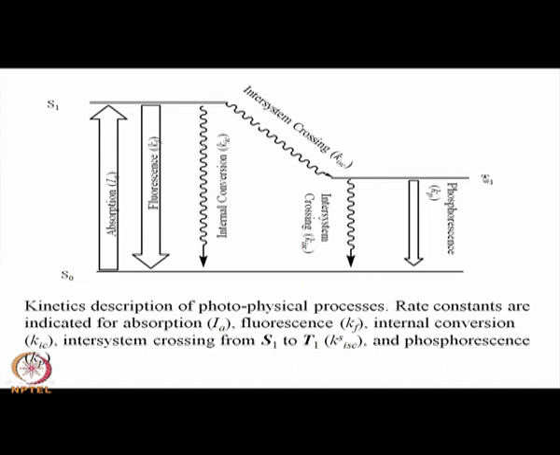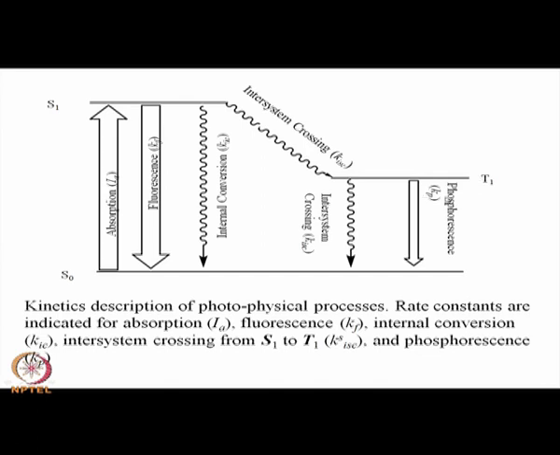That means this triplet will be annihilated, triplet will be lost. So triplet will be lost means your phosphorescence intensity will be further lowered, and maybe phosphorescence is completely lost.